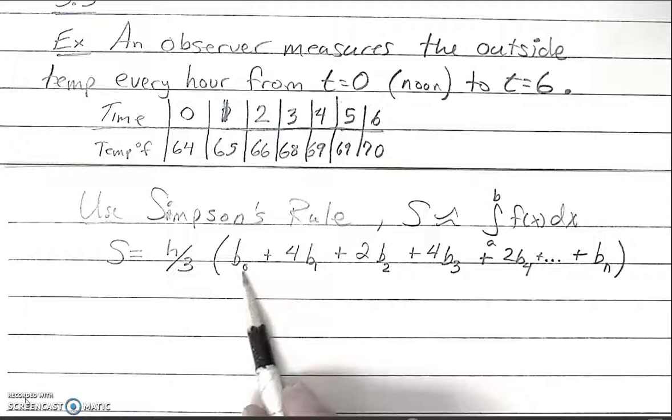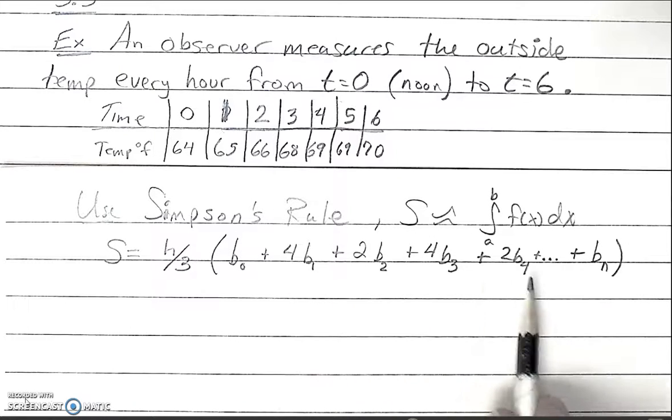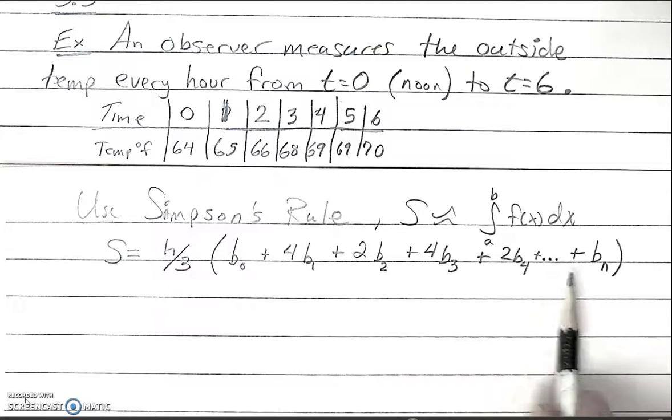So it's the first, and then it goes 4, 2, 4, 2, and that pattern continues until you get to the very end. You would just multiply by 1.